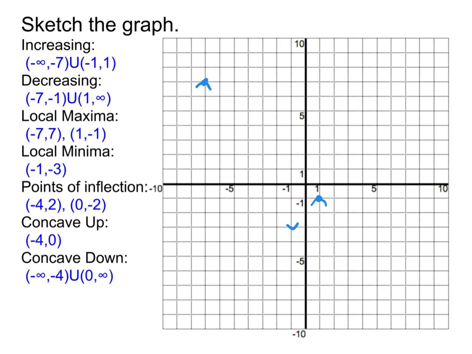So we're going to be right over here. All right, and then remember that as you're sketching those in, I'm kind of putting in that little bit of curve. That way it just helps me to remember that it's a maximum or a minimum through there. Last thing I'm going to put on here is the points of inflection, negative 4, 2. And 0, negative 2.